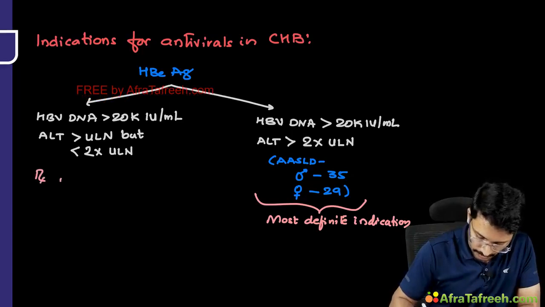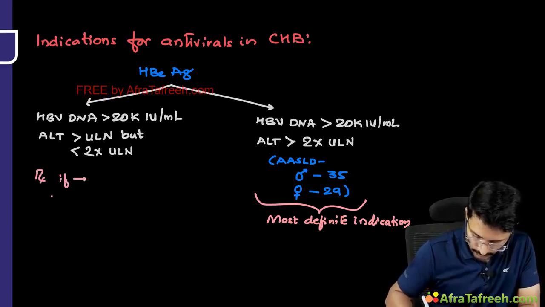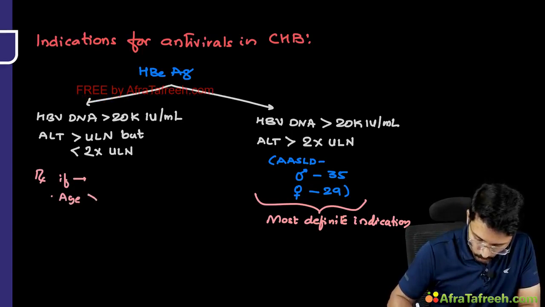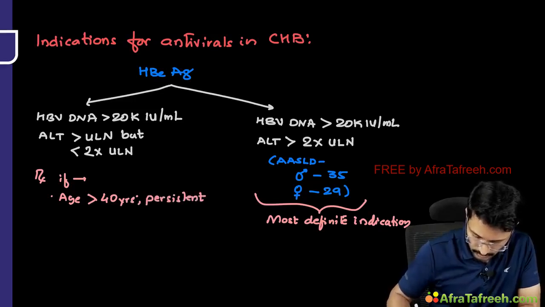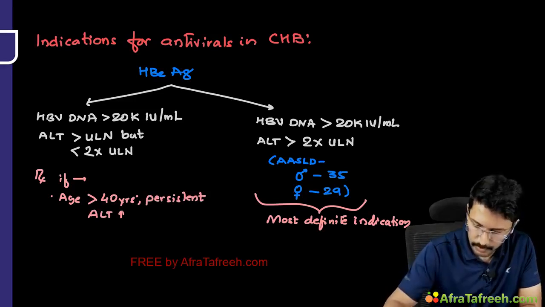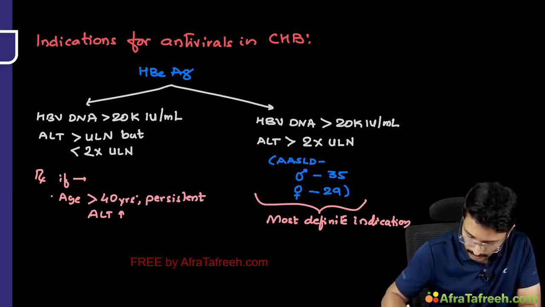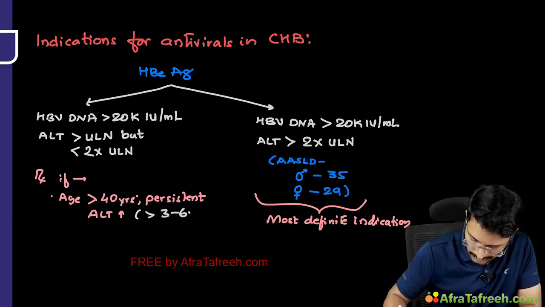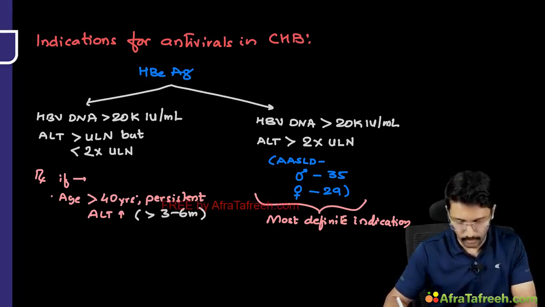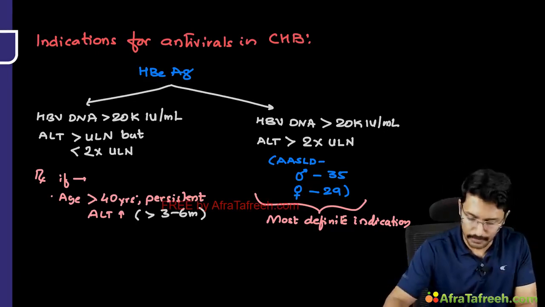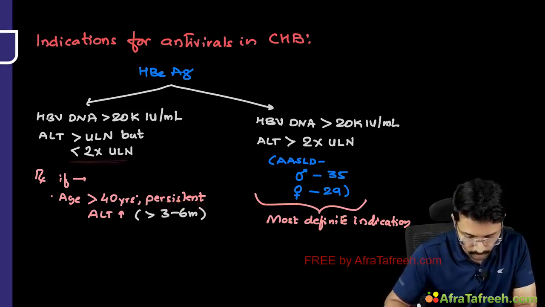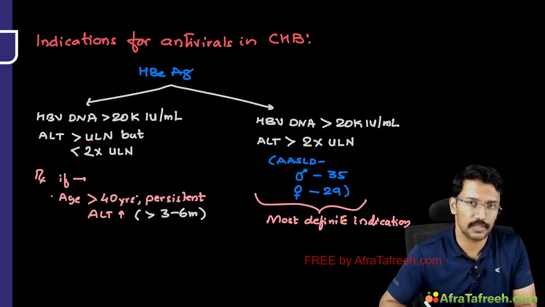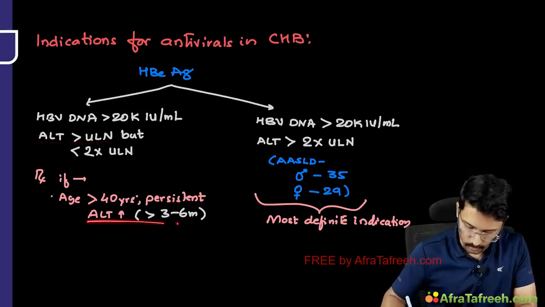So treat if, number one, the age of the person is more than 40 years and there is persistent ALT elevation. What do I mean by persistent ALT elevation? ALT that is elevated for a period of more than 3 to 6 months. In those cases, definitely treat, even when the ALT level is not more than 2 times the upper limit of normal but certainly elevated.